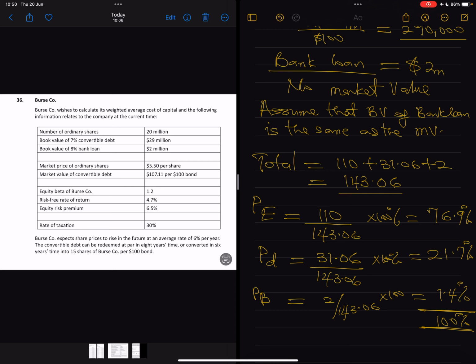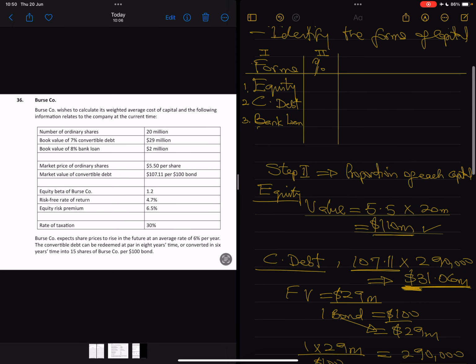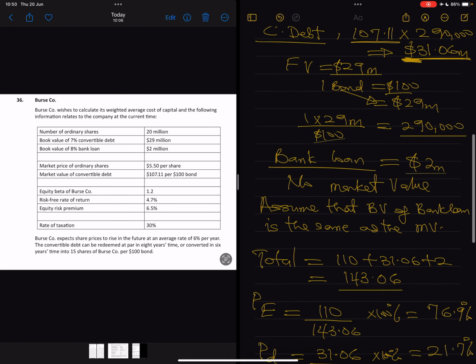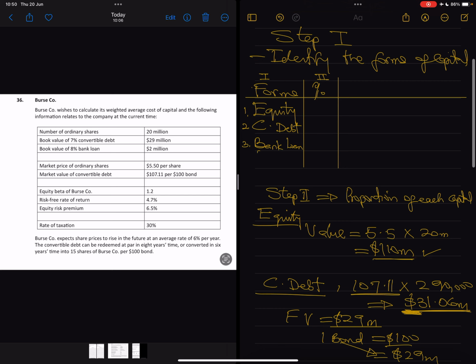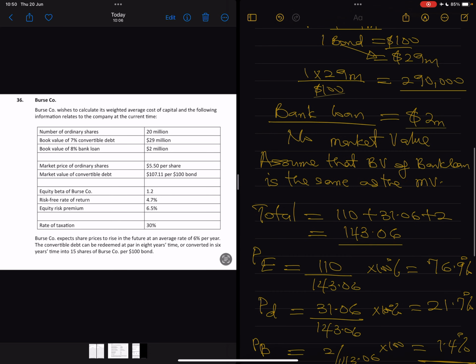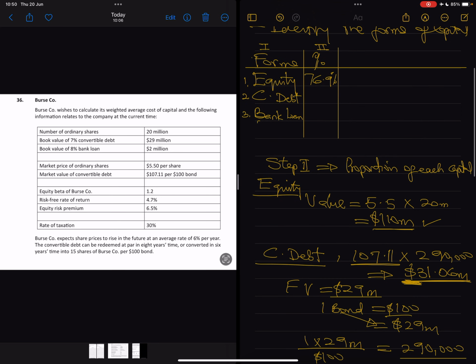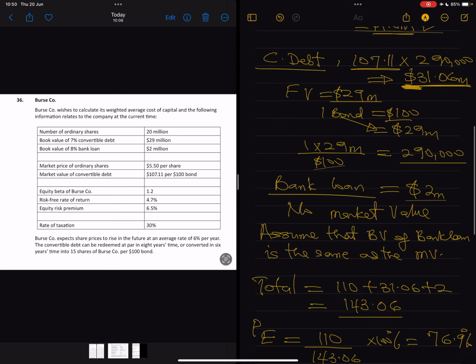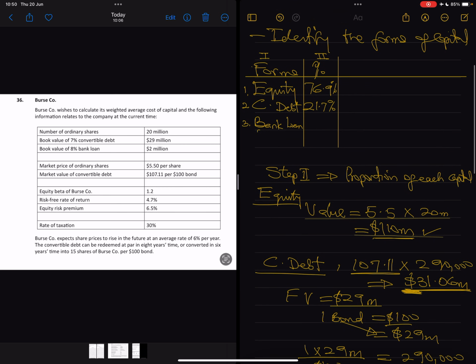So it's a very good way to know whether what you have done is right or wrong. Now let's plug it here in our table. Equity at 76.9%. Then we have 21.7%. I think the last one is 1.4%.